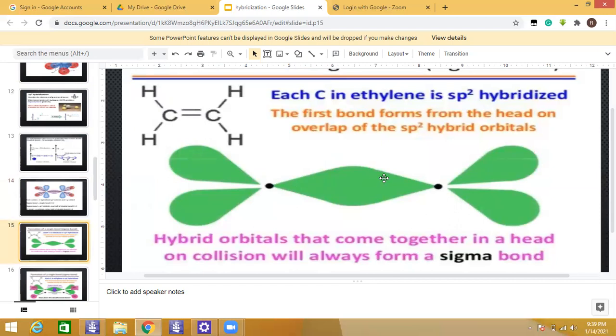So what happens in the case of ethylene or ethene? You may see that in this molecule there are two carbon atoms. So 2s and 2p orbitals of each carbon mix together to form 3 sp2 hybrid orbitals, which are planar and are oriented at an angle of 120 degrees.